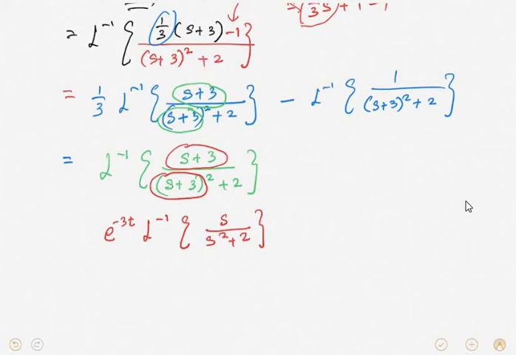Bear in mind that we use the first shift theorems. If you want to use the first shift theorems, the numerator must be s plus 3, and denominator also s plus 3. That's why we get the exponent negative 3t. And then what we left is the s over s squared. Square is still remain a square here, plus 2. Okay, this one is we use the first shift theorems.